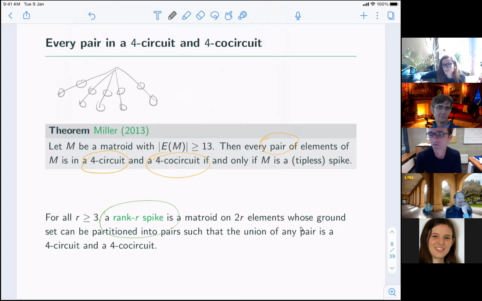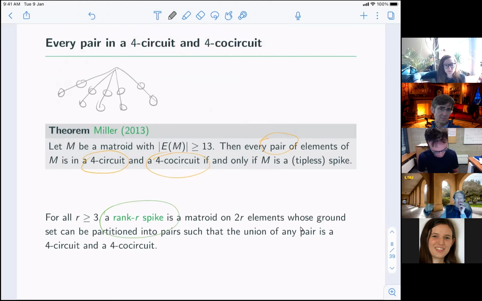Or, as I said a couple of slides back, in this case rank 5, take 5 copunctual lines, freely placed in rank 5, and then add a pair of elements on each of those lines, but they're not necessarily freely placed.